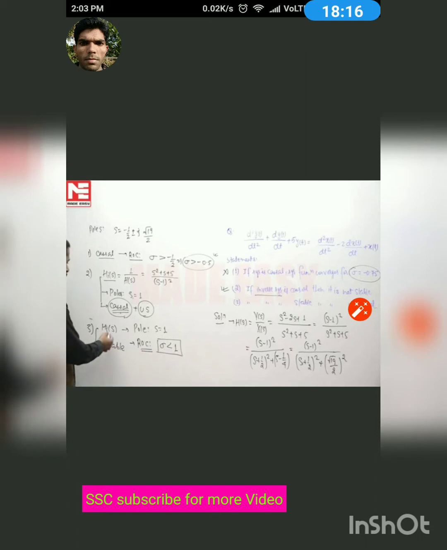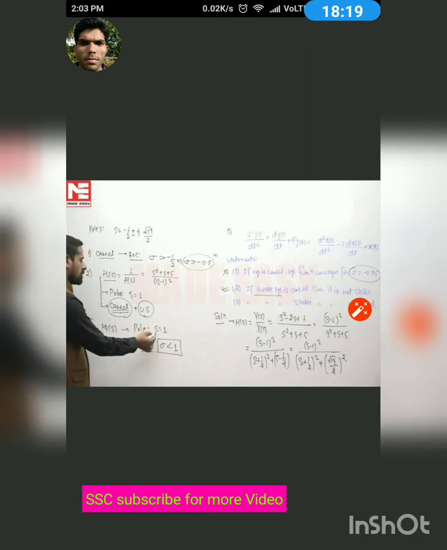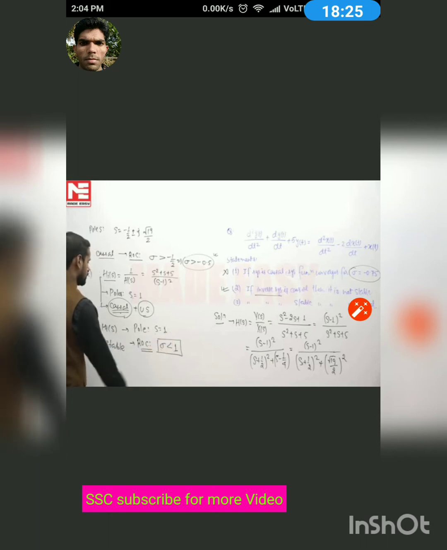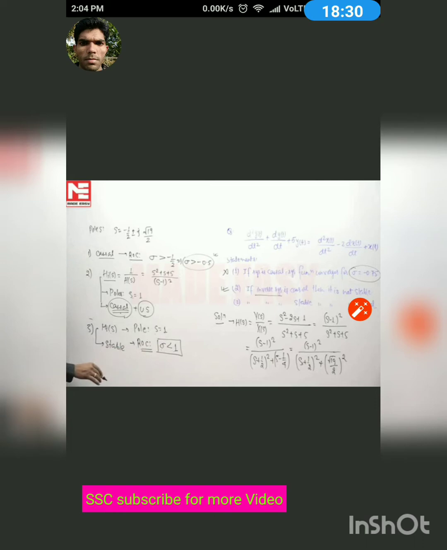In this case, for this inverse system, the pole is already real, so its real part will be 1, and its ROC will be sigma less than 1. We write sigma less than 1 because we have to include the imaginary axis for stability of the system.